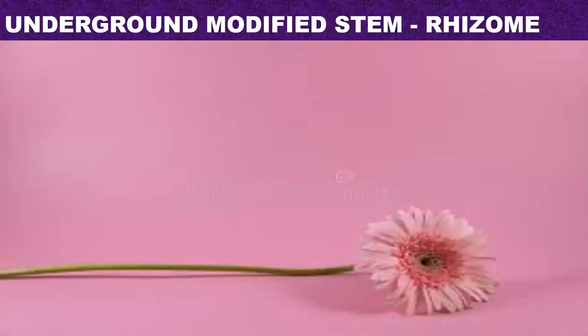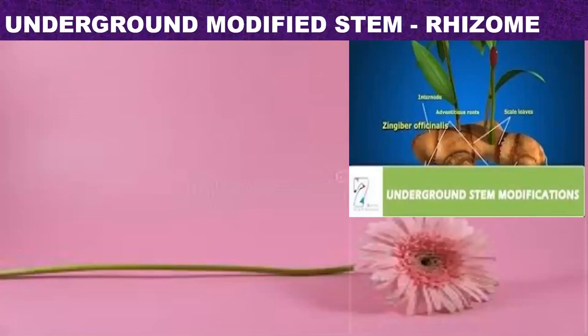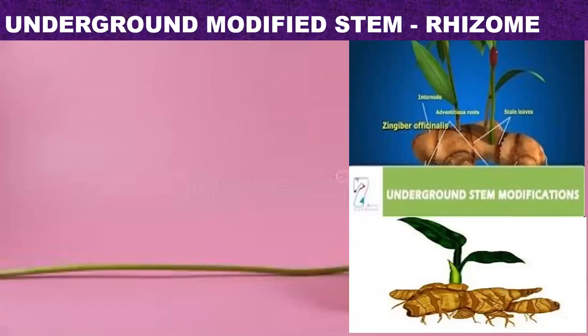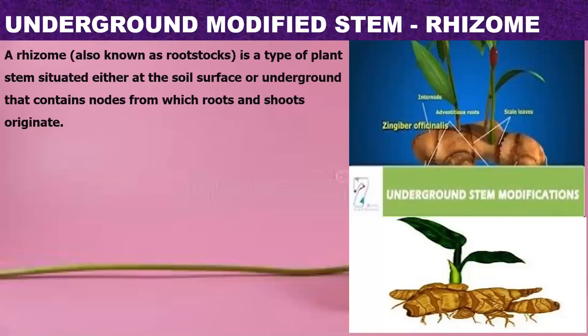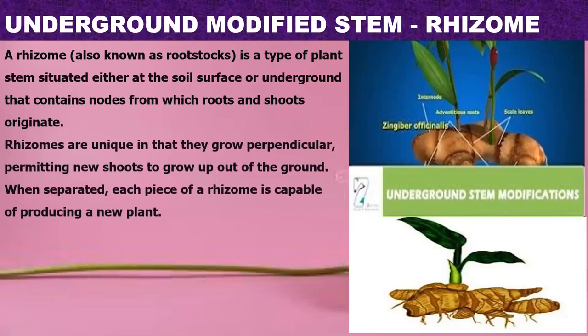Underground modified stem in the form of rhizome. A rhizome, also known as root stalks, is a type of plant stem situated either at the soil surface or underground that contains nodes from which roots and shoots originate.